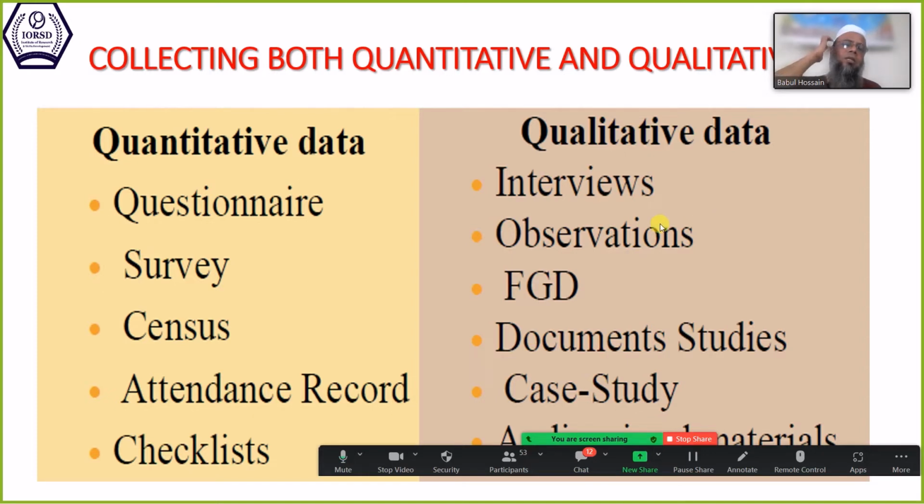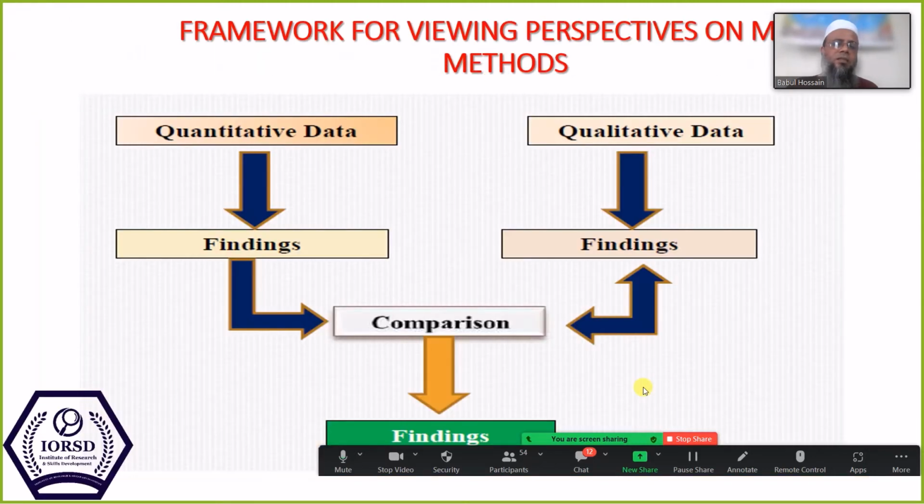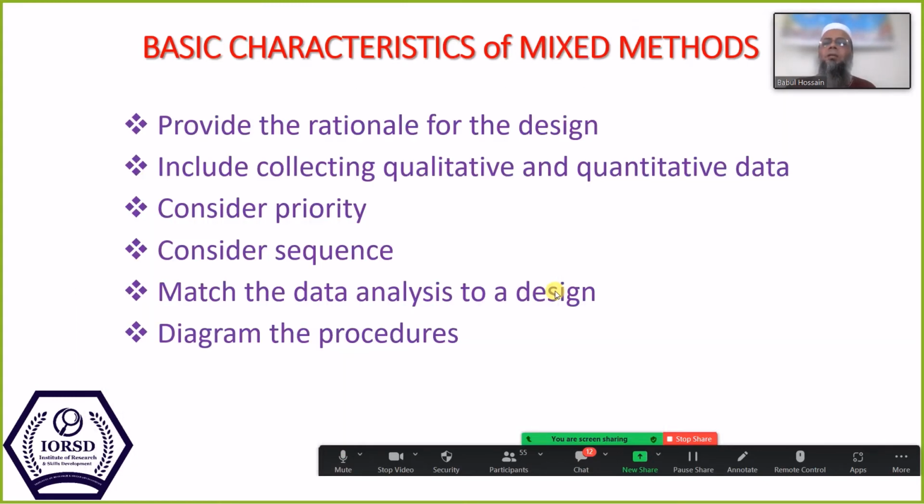And qualitative data comes from interviews, observation, FGD (focus group discussion), documents, and case studies. It is a framework for viewing the perspectives of quantitative and qualitative findings, and comparing both findings. That is called mixed method.